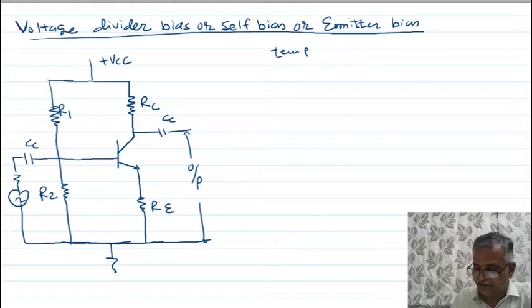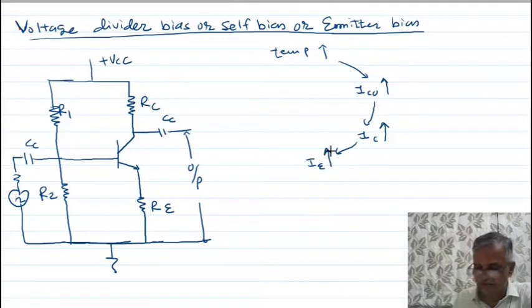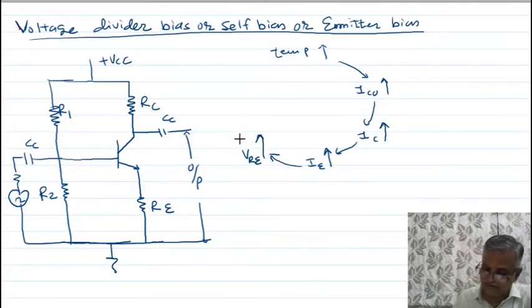Suppose temperature increases, as a result leakage current increases, so collector current increases, so emitter current increases because emitter current is nothing but the base current plus collector current, so voltage across the emitter resistor increases, so VB decreases, so base current decreases, so collector current decreases.